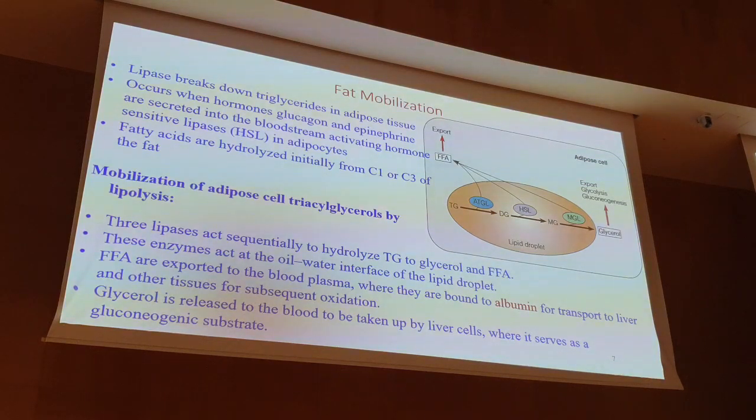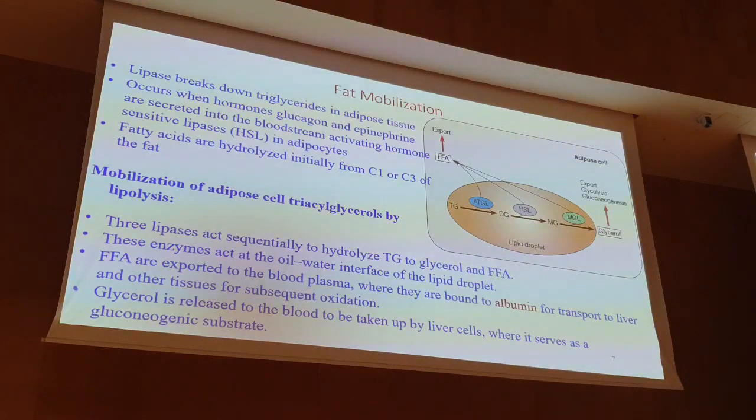Again, this is the adipose tissue. Notice in the adipose tissue we have a lipid droplet. Inside the lipid droplet we have a triglyceride. That triglyceride, again, 3 fatty acids and 1 glycerol.